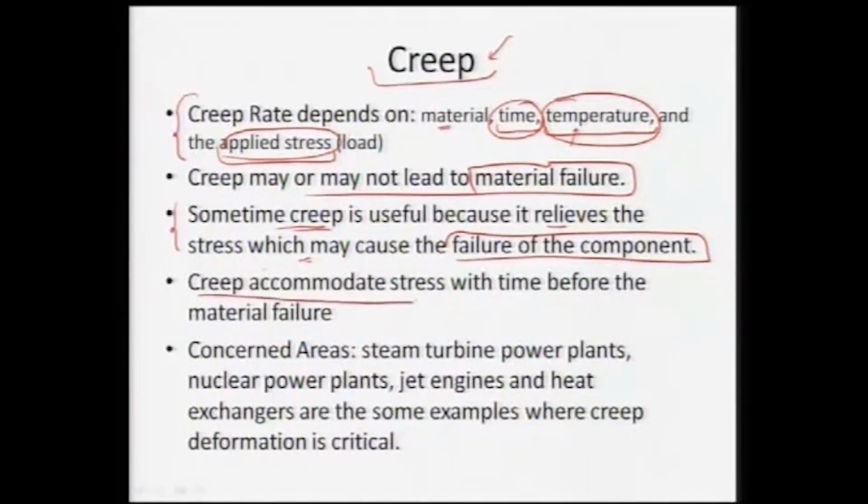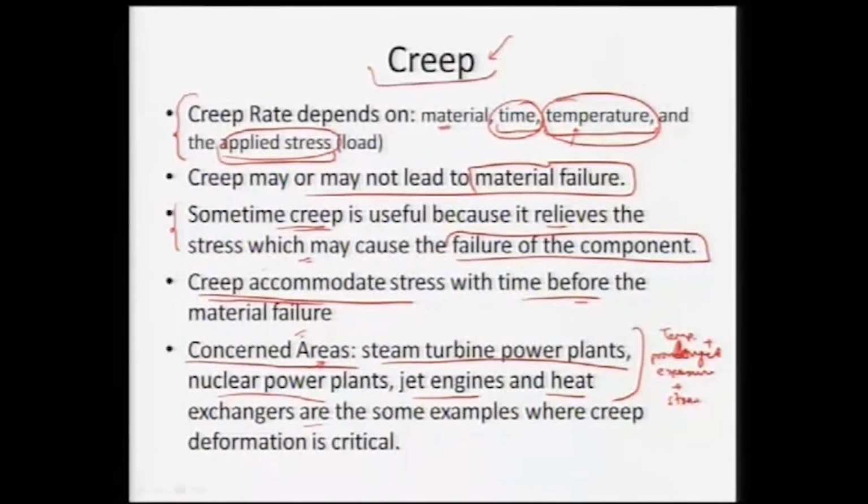So, creep accommodates stress with time before eventually the material fails. Again, the concerned areas, because once we have creep, it starts accumulating much more strain, or it can also start accommodating stresses. So, the concerned areas which are affected by this creep are steam turbine power plants, nuclear power plants, jet engines, heat exchangers, and basically some places where we can have high temperature for prolonged exposures, and also some stress that is incurred on the material.